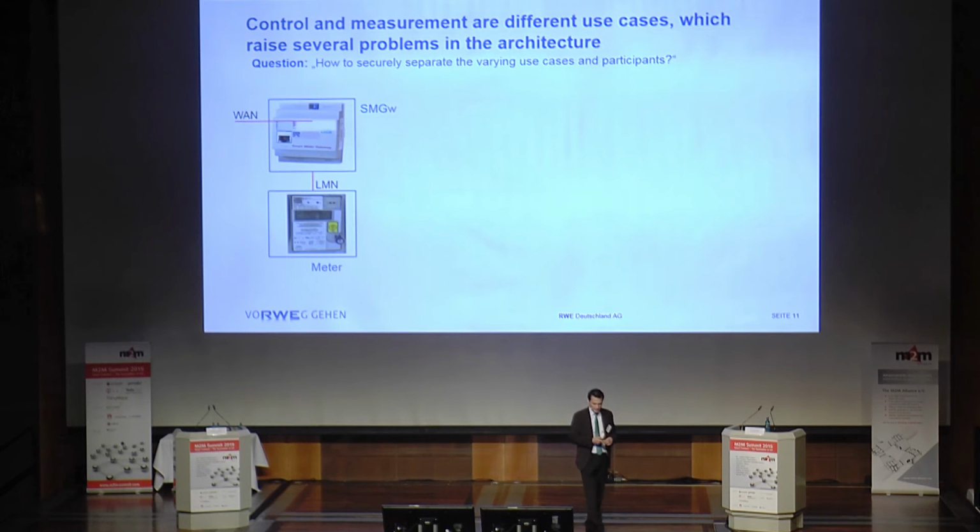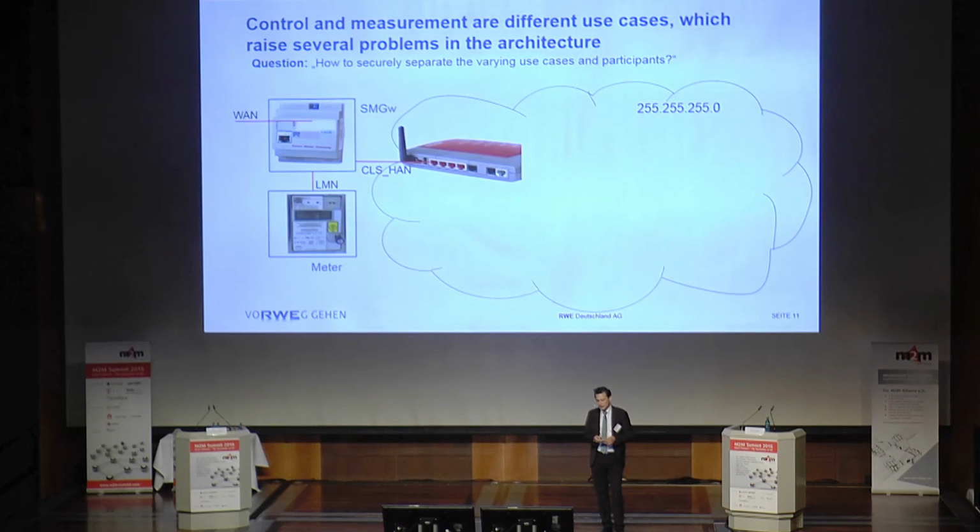So the challenge is to operate not only a meter through the smart meter gateway, which is provided by the German ministry. When you have such a device at home, you will see an Ethernet port at your smart meter gateway, and what will you do as a customer?